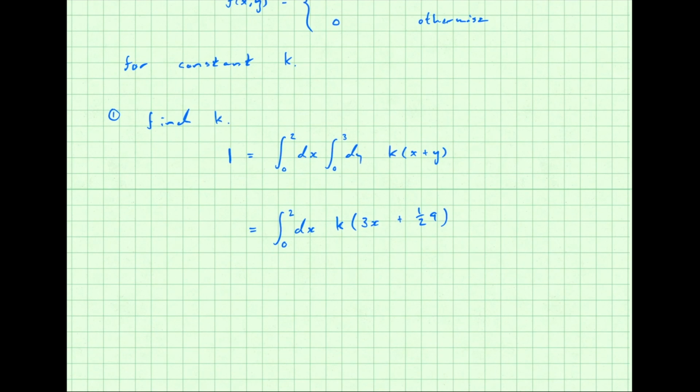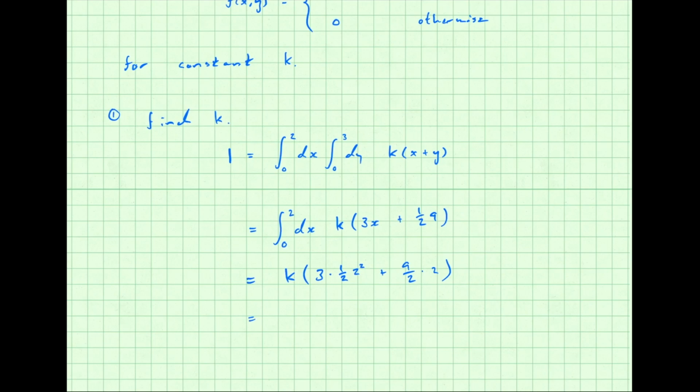Now we have to do the x integral. So this is k times 3 and then times 1/2 2 squared. And then when you do the x integral over this constant 9/2, you just get 9/2 times 2. So that's the length of the x integral.